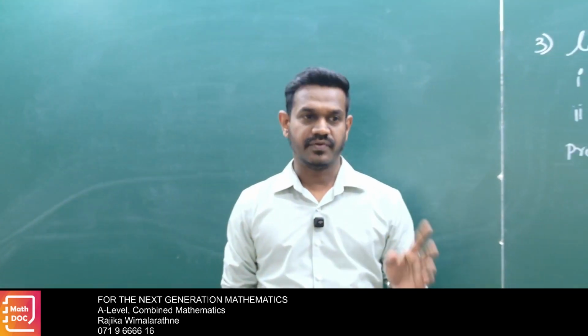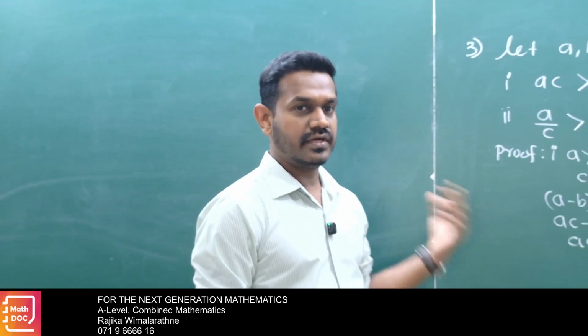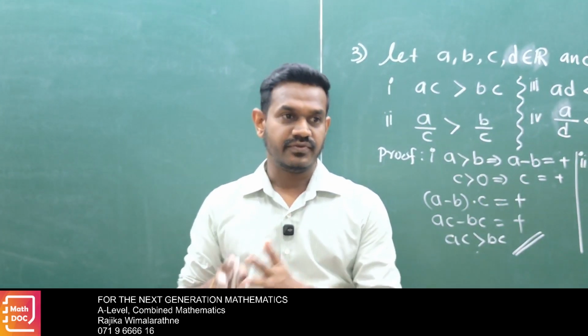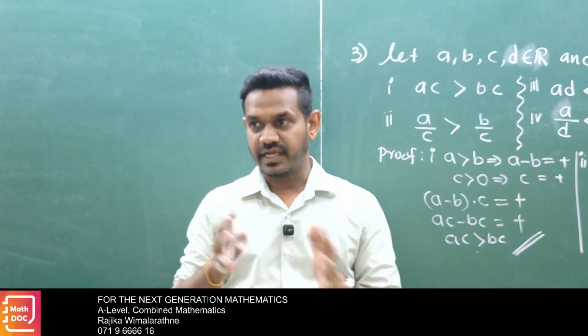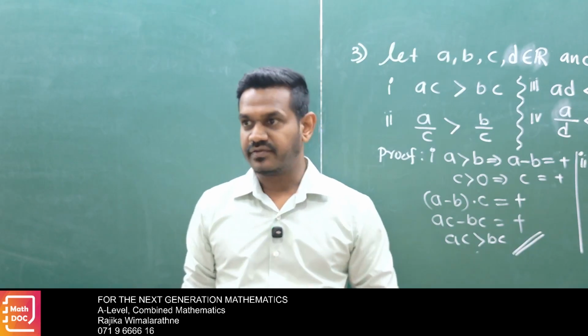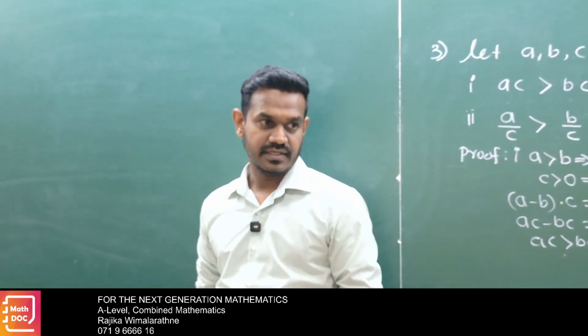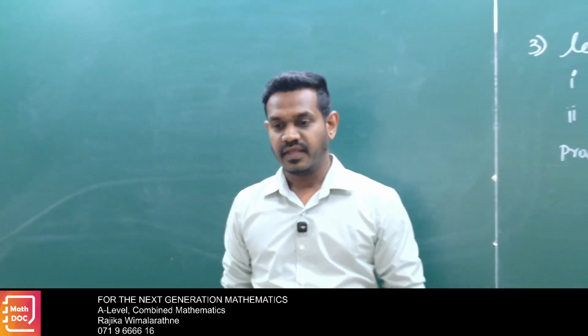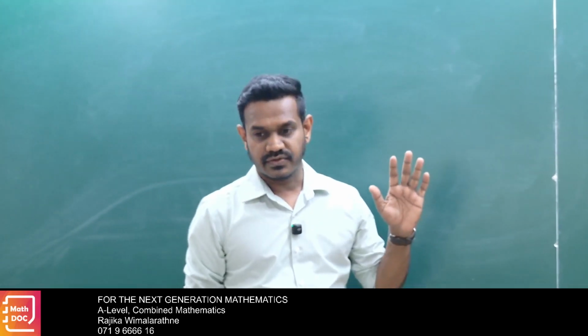Okay, that is very important. You can't multiply or divide by an unknown quantity. But we can add a positive value, we can subtract a positive value or negative value, or we can add any unknown quantity to an inequality. But multiplication is impossible. Okay, that is a very important thing. Okay, that is rule number 3.